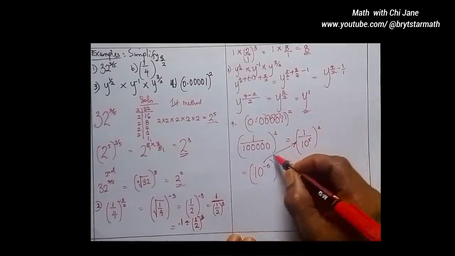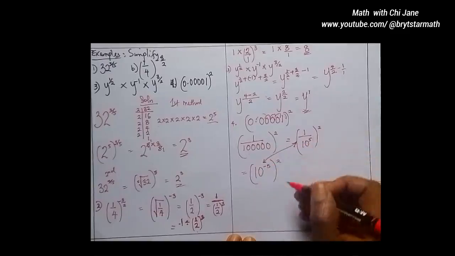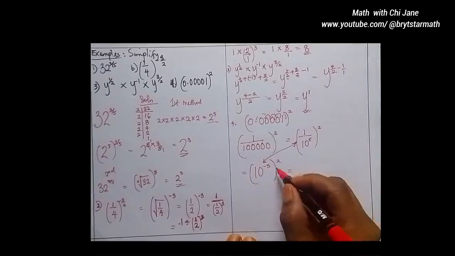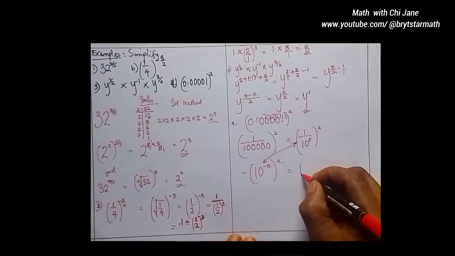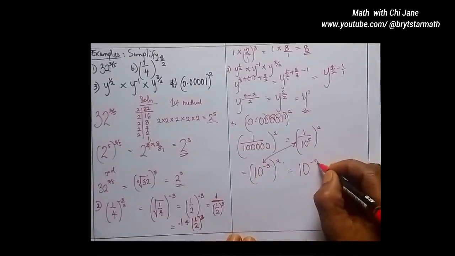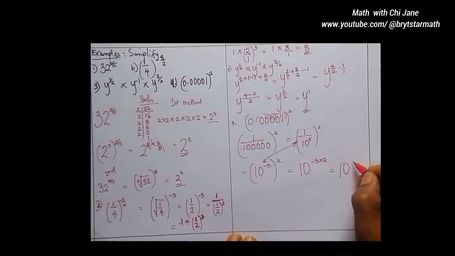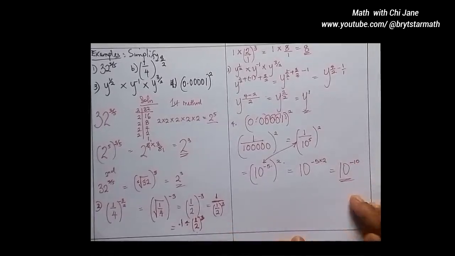Negative power law will result in this or this, it goes back and forth. So then your final answer is, we have power in power law: 10 raised to the power of minus 5 times 2. So what we have is 10 raised to the power of minus 10.